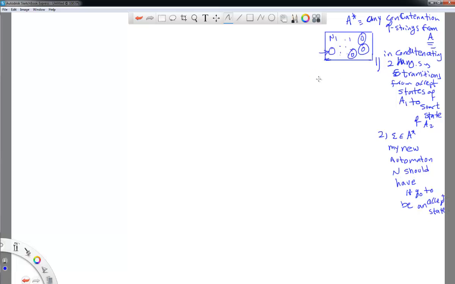So how do I go about doing this? Here's how my constructed automaton N would look.